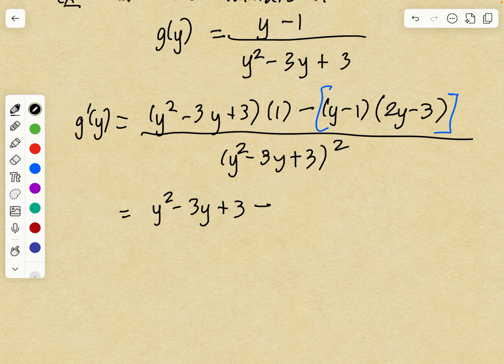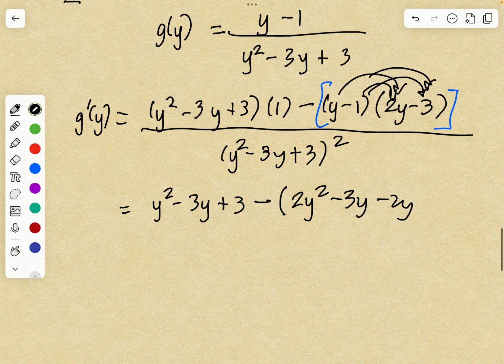I need parentheses after the minus sign because I'm going to subtract a bunch of terms being added up. So when I distribute the y minus 1 times 2y minus 3, I get 2y squared, and then minus 3y, and then minus 2y, and then negative 1 times negative 3 is plus 3. So I get this over the bottom.